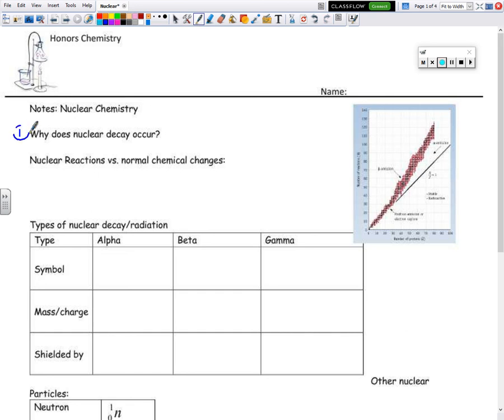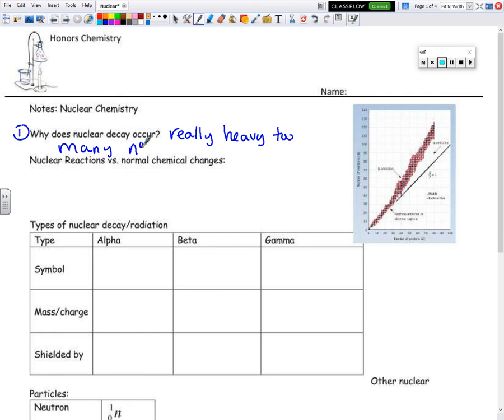If we have a really heavy isotope, it's got way too many neutrons. That's when nuclear decay occurs. So too many neutrons, making that isotope really fat and heavy.